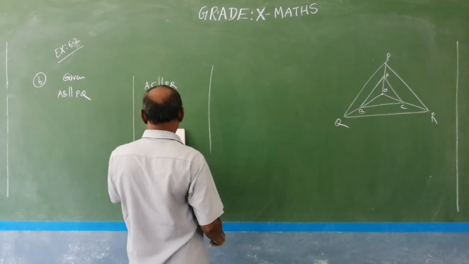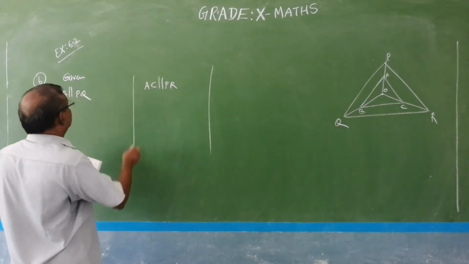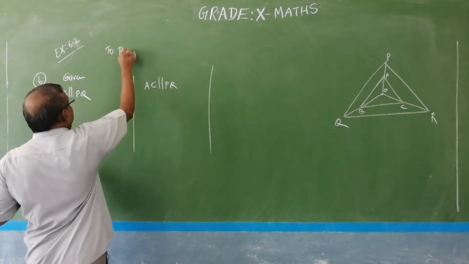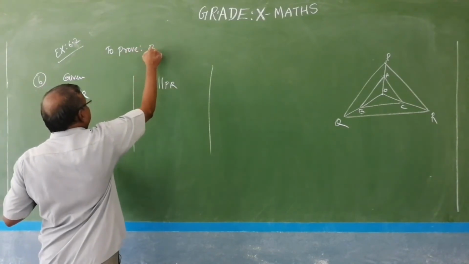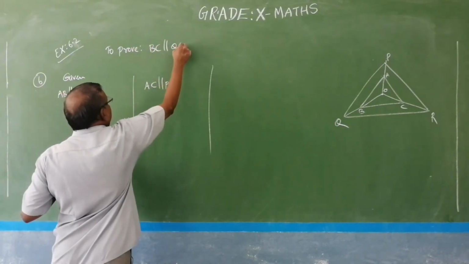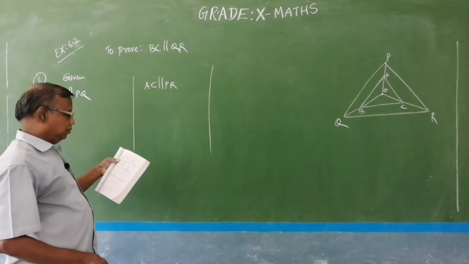Show that BC parallel to QR. That means to prove BC parallel to QR, we have to show.